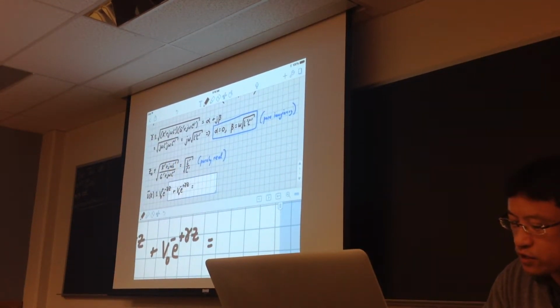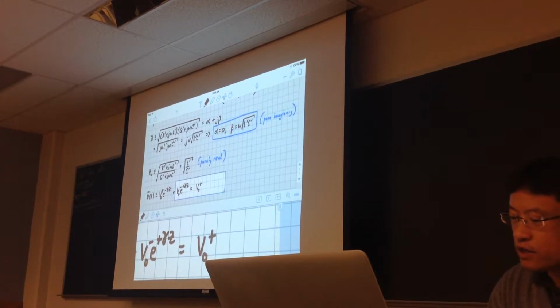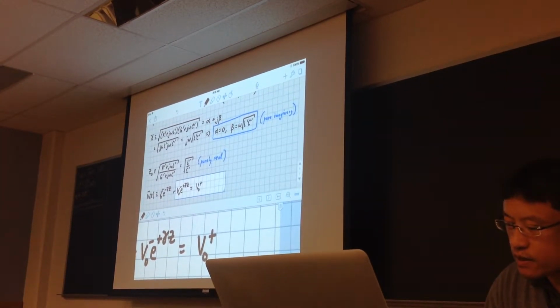And in the special case of a lossless transmission line, gamma is pure imaginary.